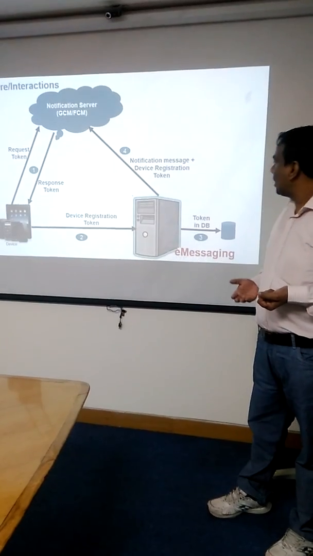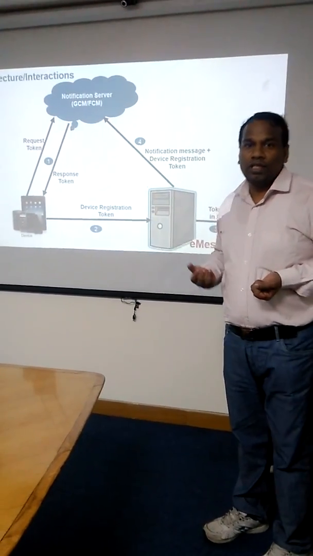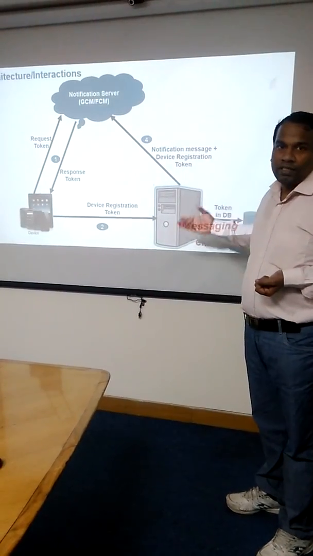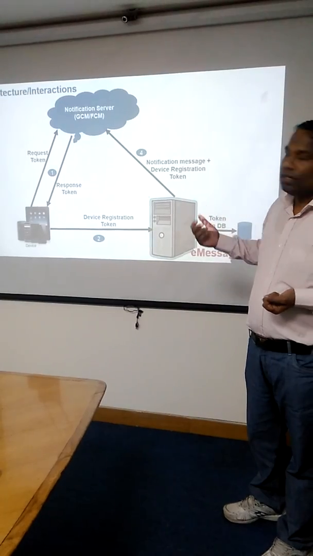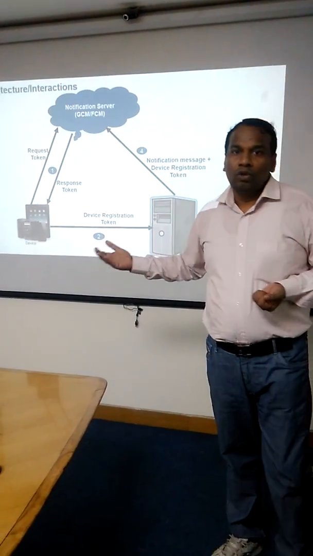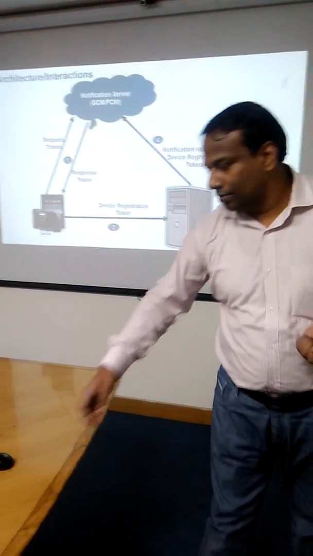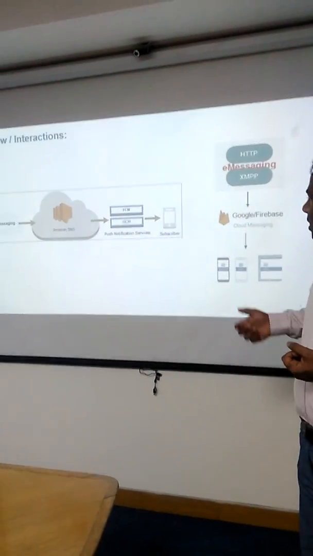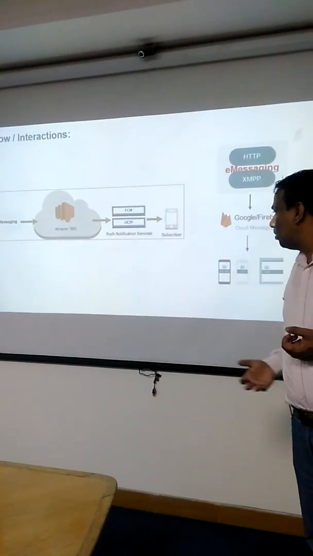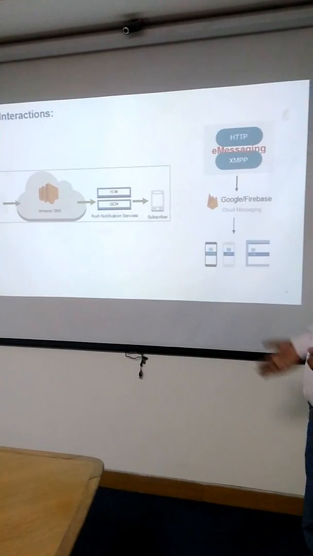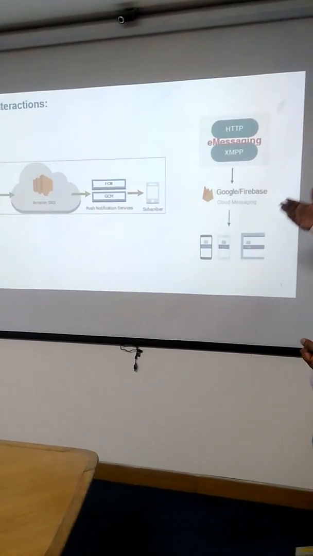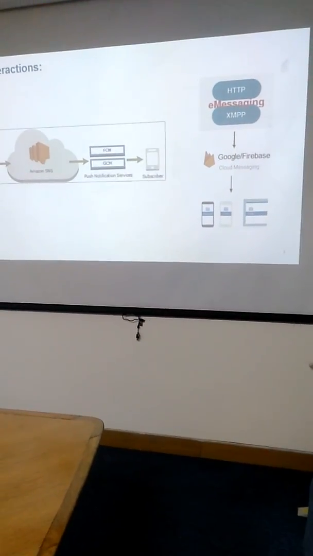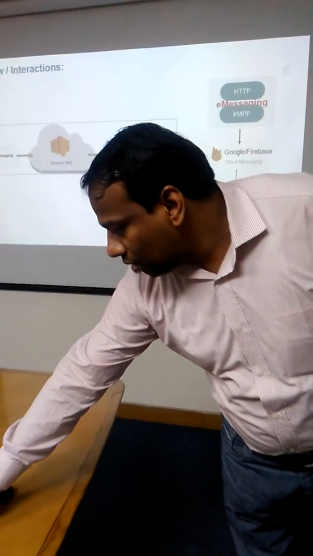Right now I have shown it in eMessaging, and while sending this notification message, eMessaging will send this notification message along with the device registration ID to GCM and FCM, which will further send this to the device. A simple workflow from eMessaging to AWS SNS, further to FCM, GCM push notification services, then to the subscriber. And this also works on HTTP and XMPP using the Firebase and Google notification server.